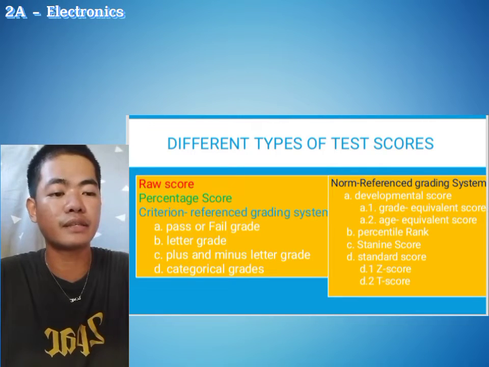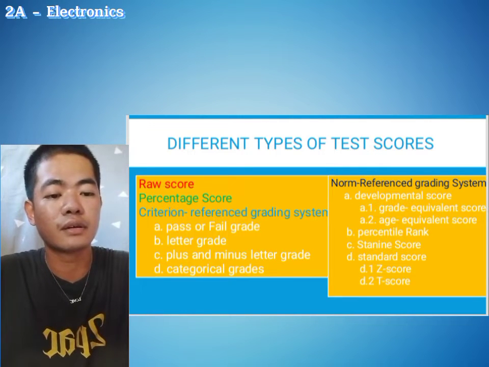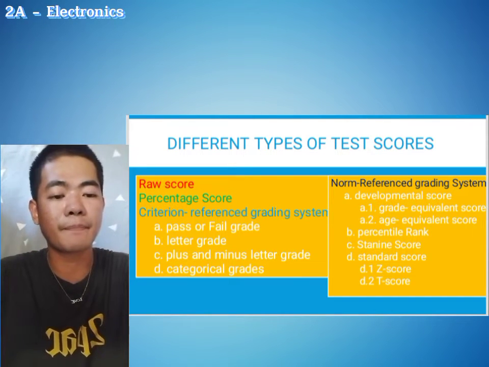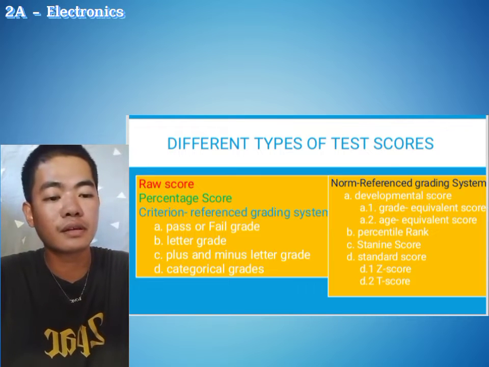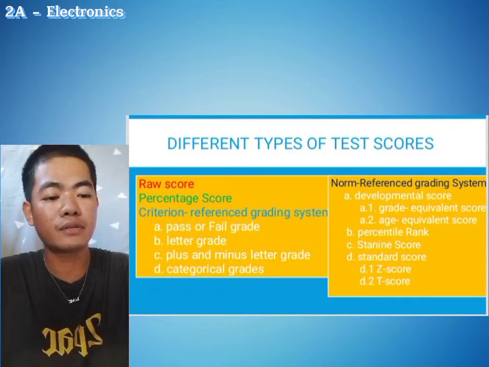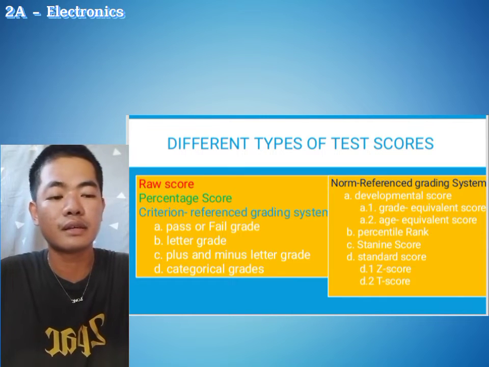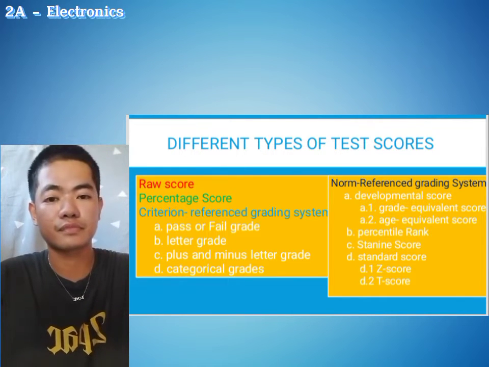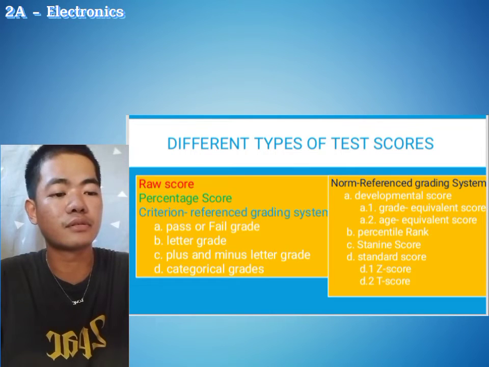Different types of test scores: raw score, percentage score, criterion reference grading system. Criterion reference grading system: A. Pass or fail, B. Letter grade, C. Plus and minus letter grade, D. Categorical grades. And non-reference grading system have 4 dimensions.